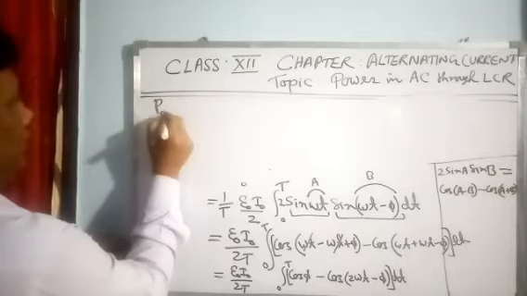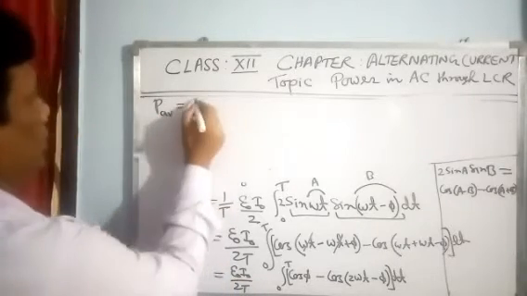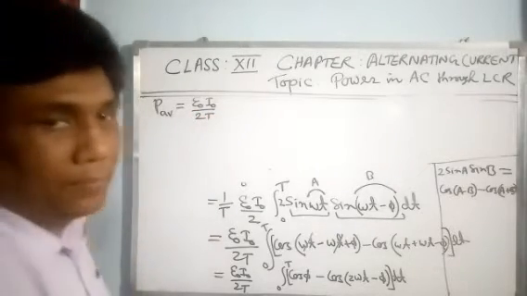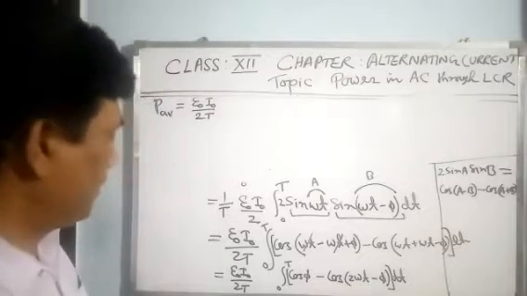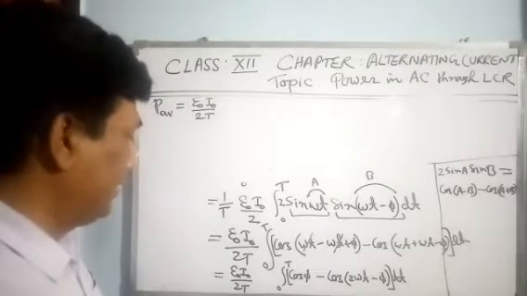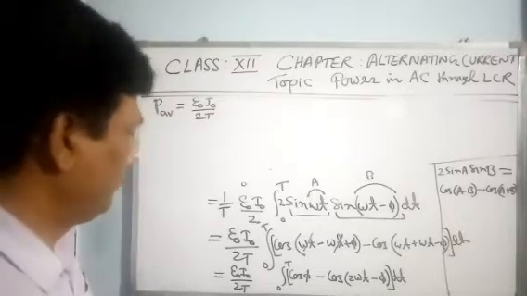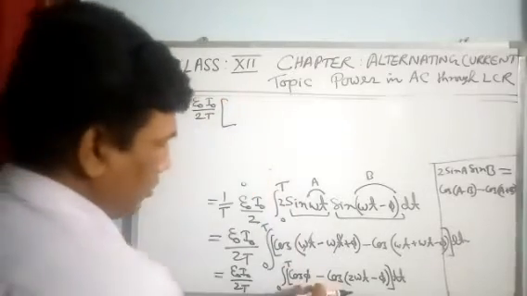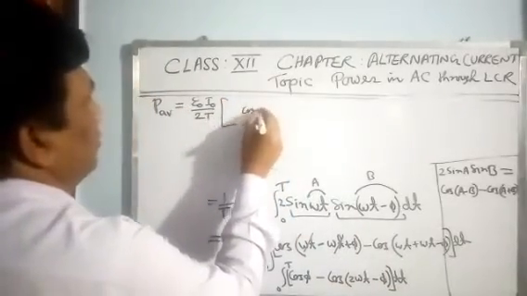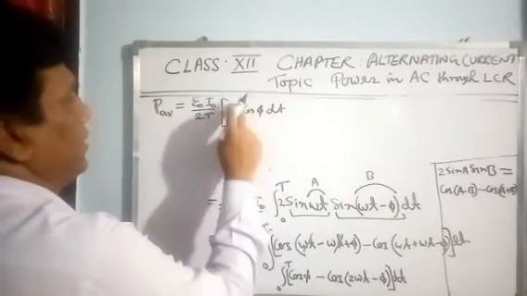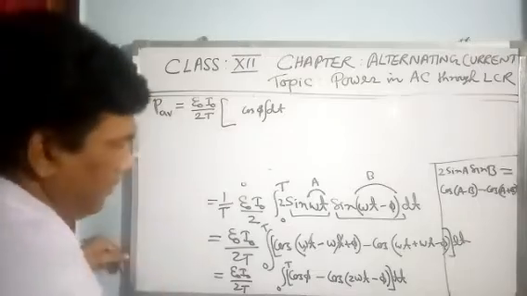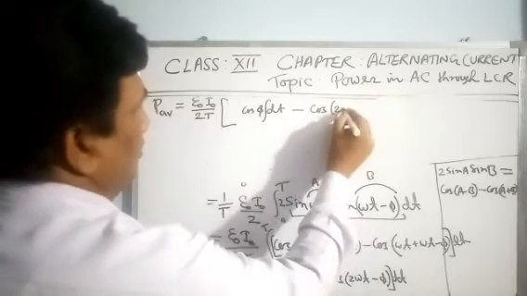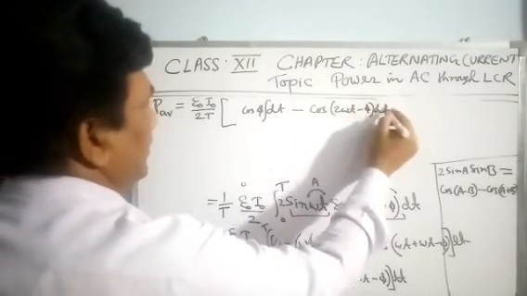Then I get P average equal to E naught I naught by 2T. This derivation is very important, for numerical solving purposes as well as for the board exam. Then what I get is two terms here: the integration of cos phi dt, but you know phi is constant, so you can bring it out, minus cos(2 omega t minus phi) dt.